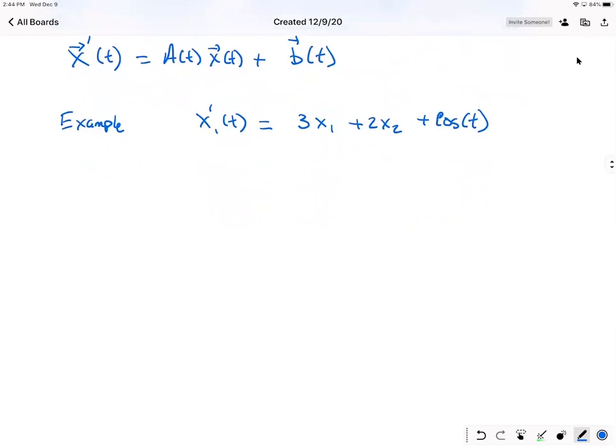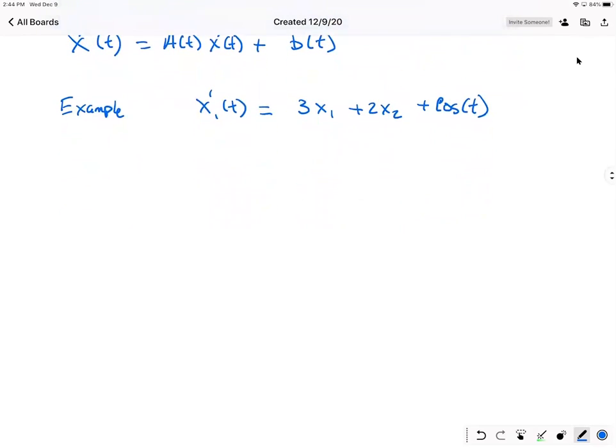And then the second equation was x2, take its derivative, and that's equal to 4x1 plus x2 plus e to the t.